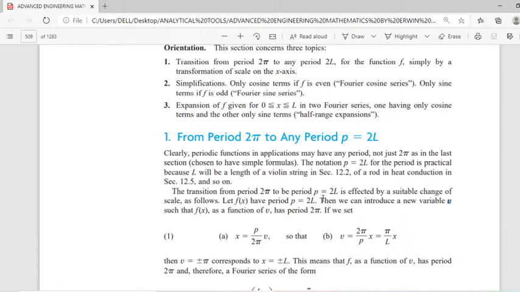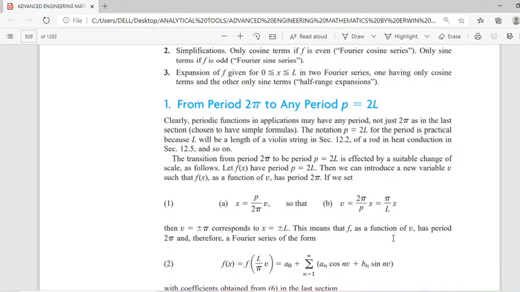Since p is equal to 2l, p by 2 will be l, so we can replace it like this: v is equal to pi by l into x. So that is the new variable.